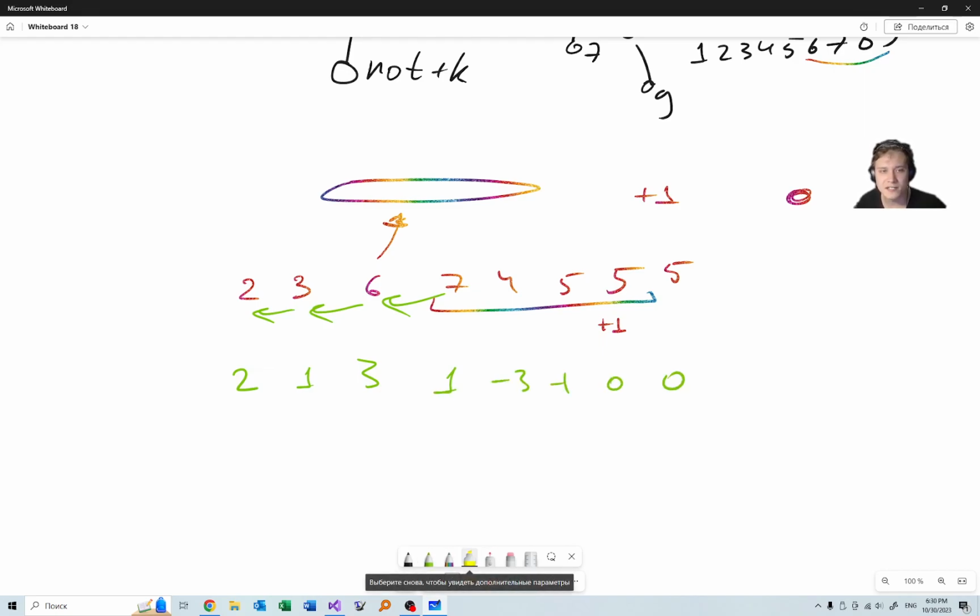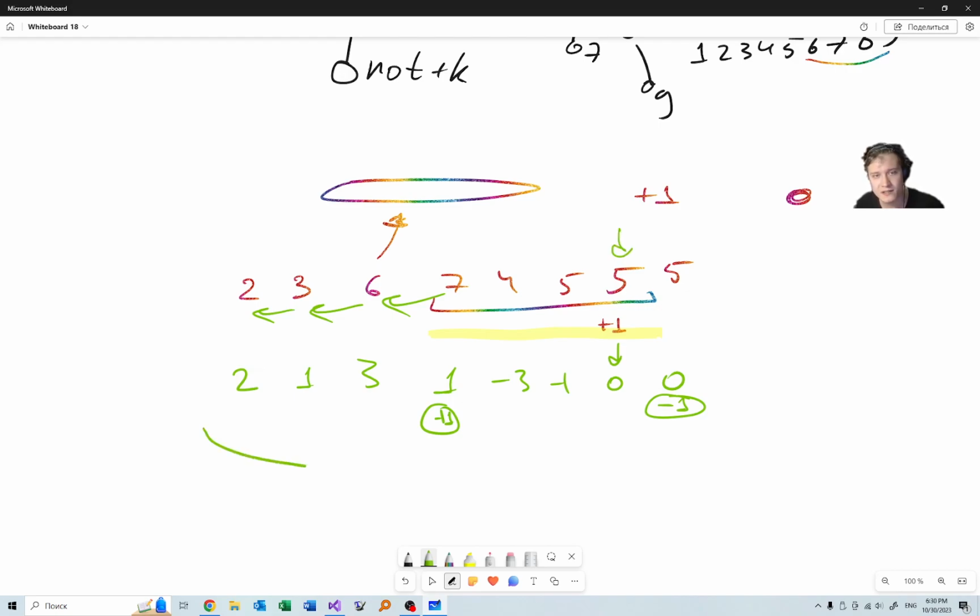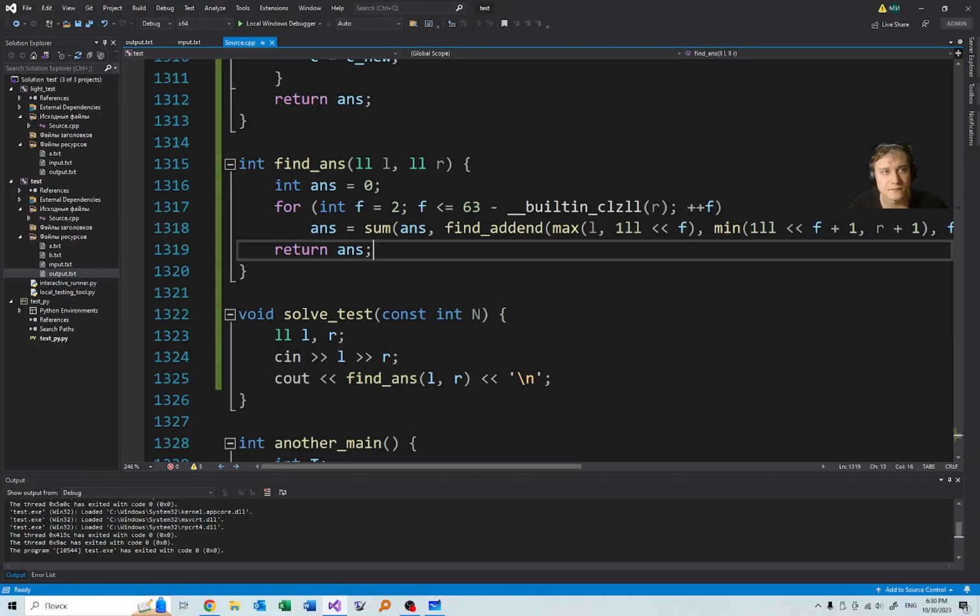Then instead of adding 1 to a segment, we need to add 1 to this element, and we need to subtract 1 from this element. And instead of finding some element, for example 5, we just need to find the sum of all these elements. And these both can be done in a Fenwick tree.